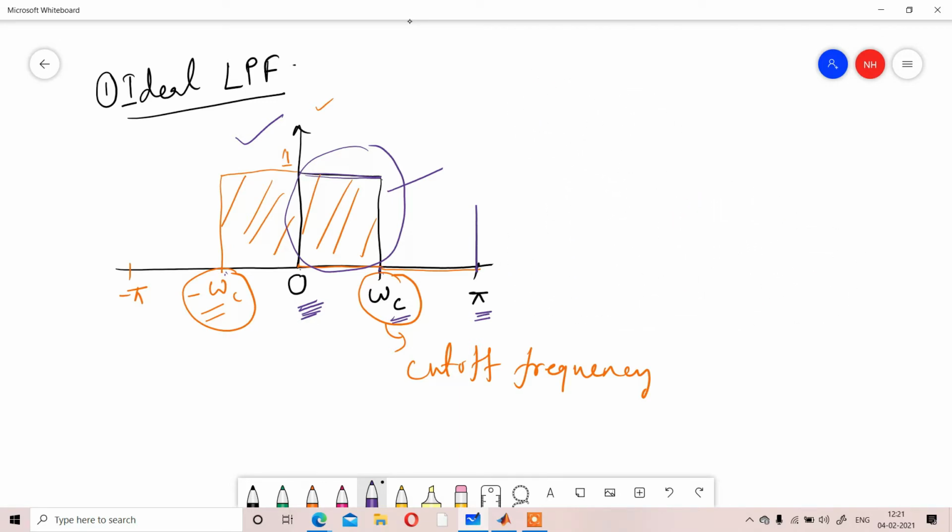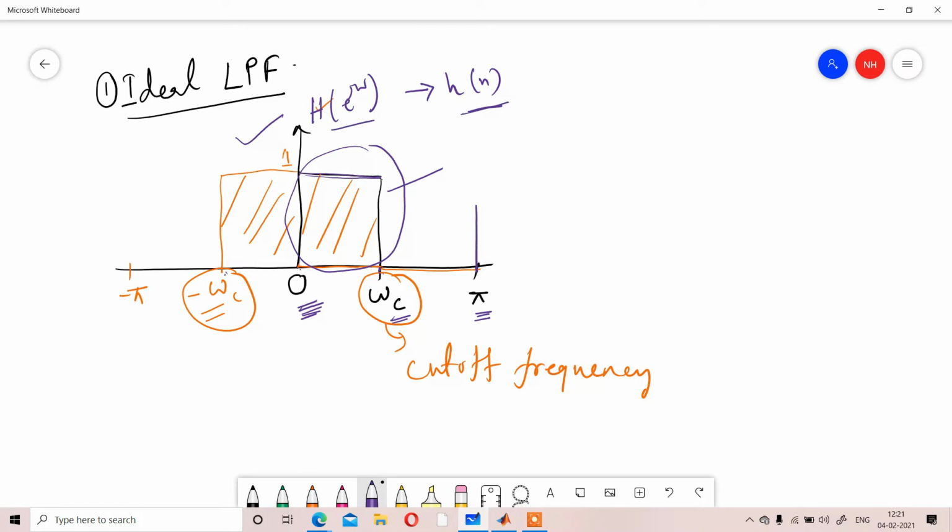Now if that low pass filter is defined by H(e^jω), then from here if we calculate h[n], what will be the value of h[n]? Can you tell me? h[n] means what? You have the frequency response, you have to get the time response.